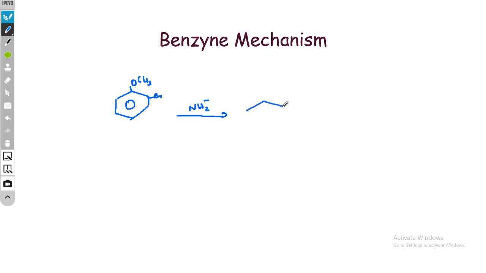The exclusive product is meta amino anisole, with OCH3. So this is exclusively cine product, cine substitution. It has been known for many years that aromatic nucleophilic substitution occasionally results in substitution at a different position.